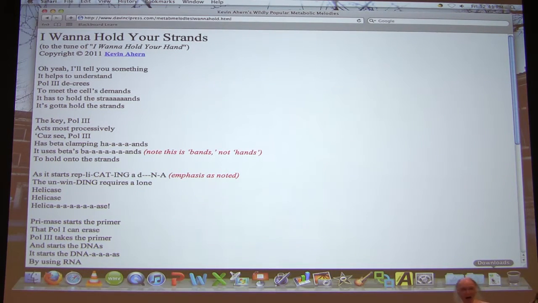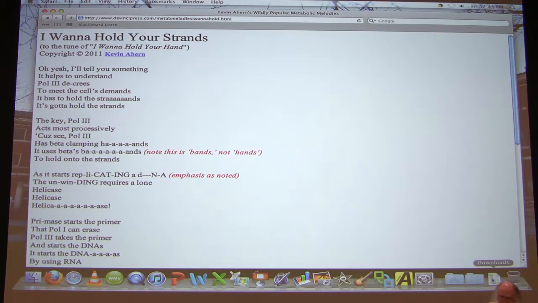It helps to understand. Pol 3 decrees to meet the cell's demands. It's got to hold the strands. It's got to hold the strands.